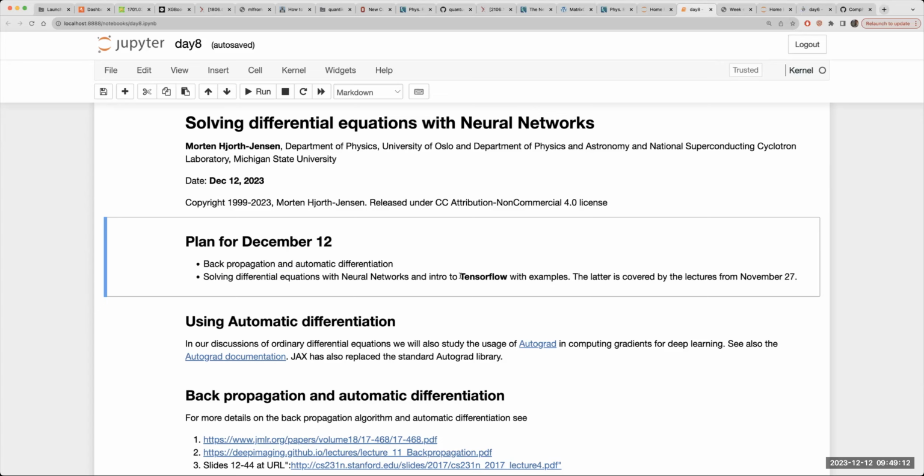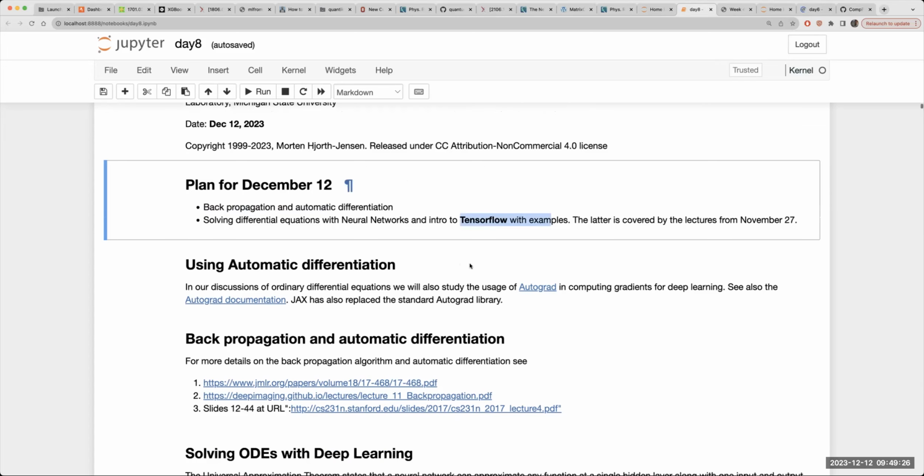We also looked at TensorFlow with some specific examples, covered by the lectures from November the 27th. This is now session 8 in the list of our lecture notes.